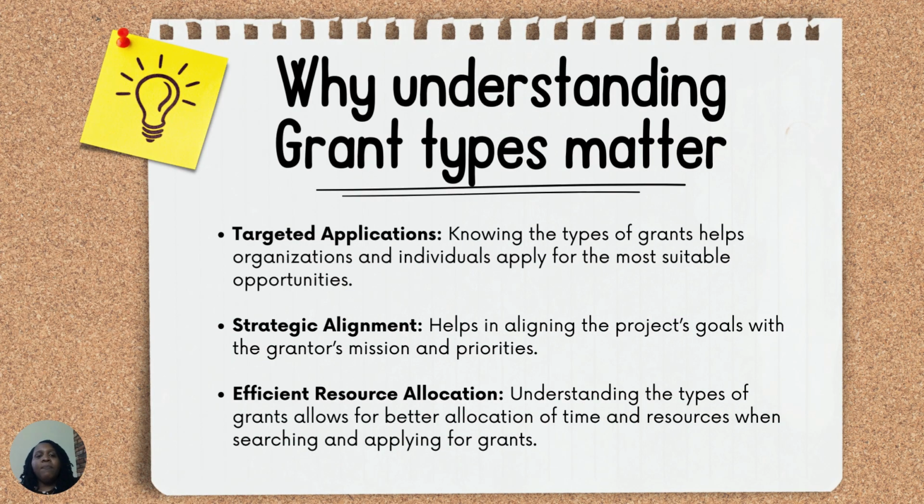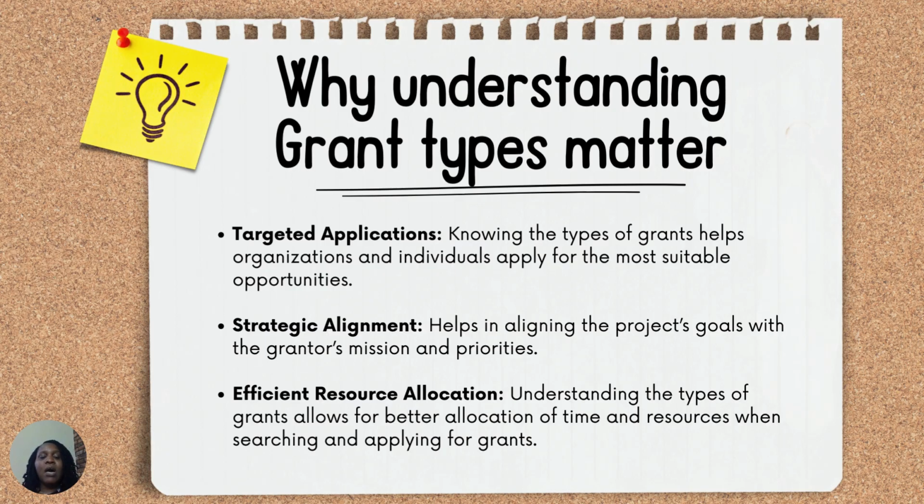So now let's also continue to look at why it matters for us to understand the various grant types. The first thing that we need to note is that we have targeted applications, we have strategic alignment. You have to ensure that whatever you are doing aligns, see that word, aligns with the grant that you're applying for.